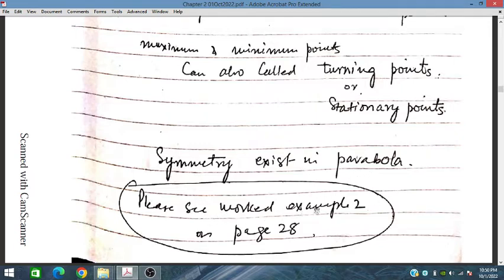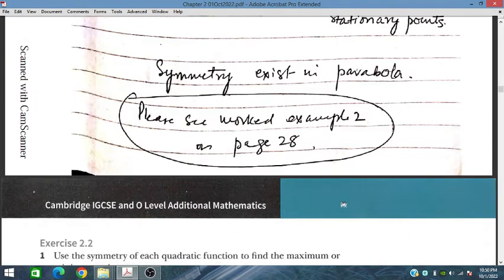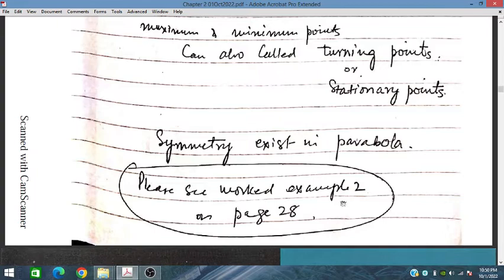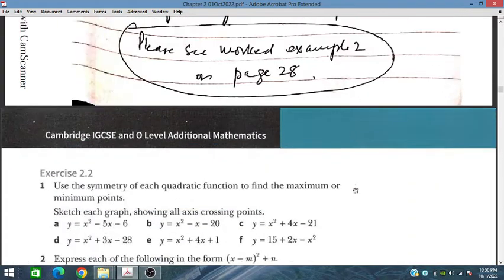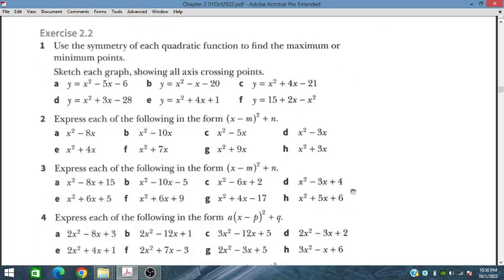For further learning about these concepts, example 2 on page 28 could be revised. So here we have exercise 2.2: use the symmetry of each quadratic function to find the maximum or minimum point.